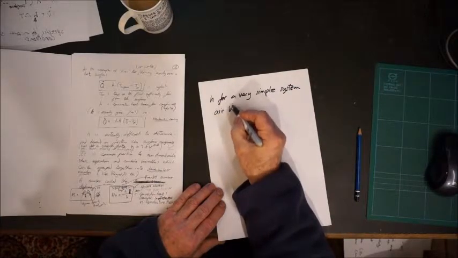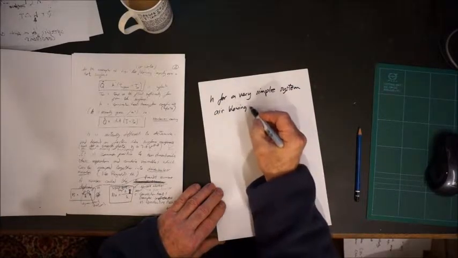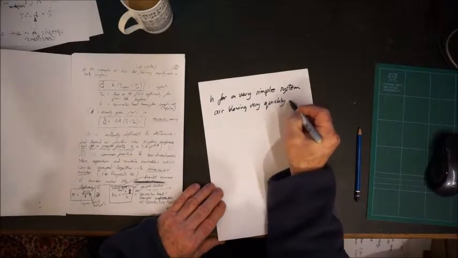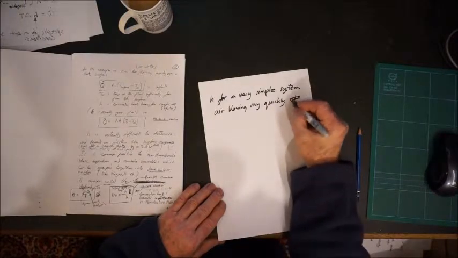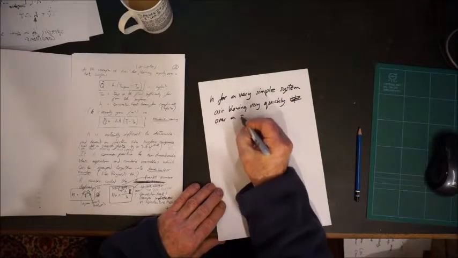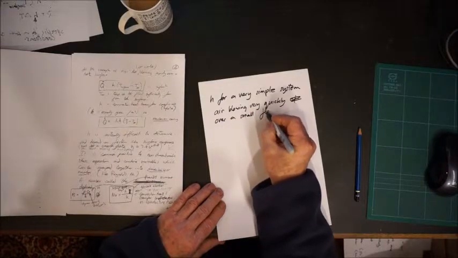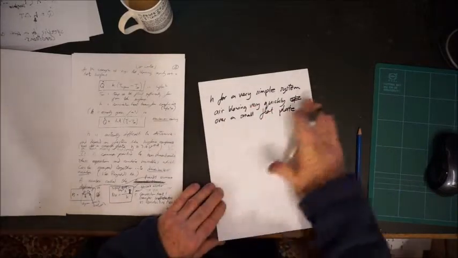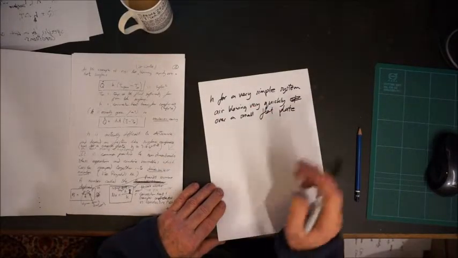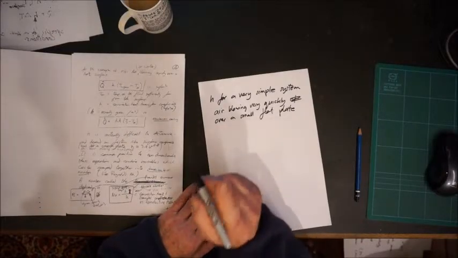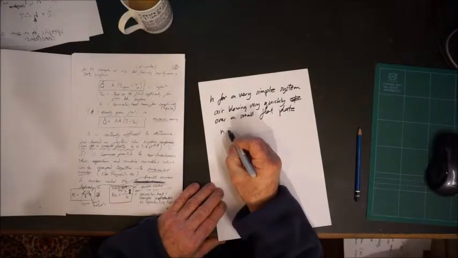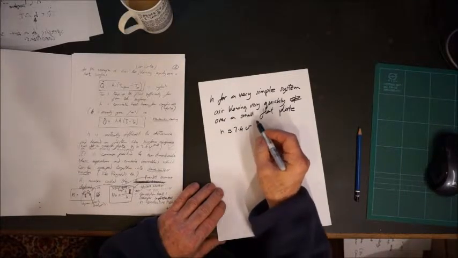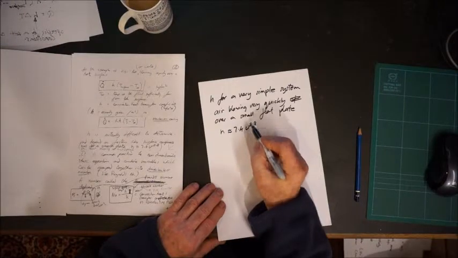This is air blowing very quickly over a small flat plate. So this is something like this, just blowing over a surface like this, and smooth. So in this case, H is approximately equal to 7.4 times how fast it's going, V, to the 0.8.